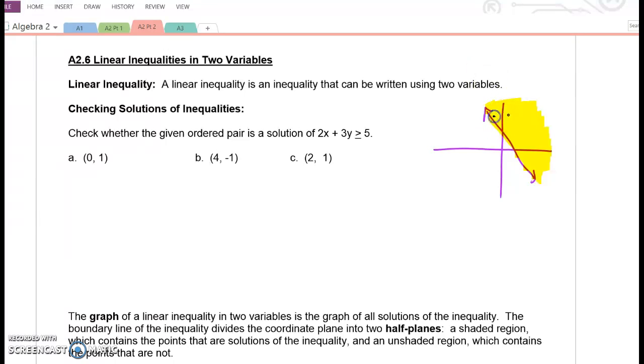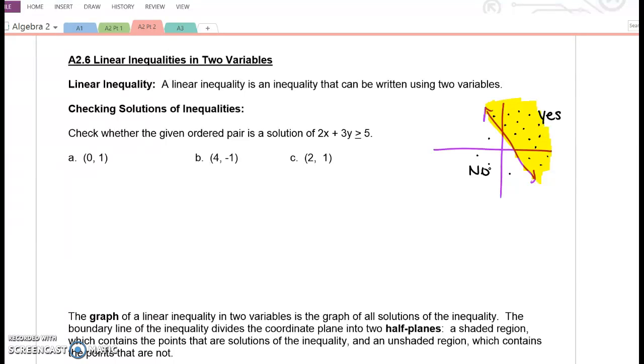So, points over on this side of the graph in the shaded region, those would be solutions. Points that are over here are not solutions. So, shaded region is all of the possible solutions for the inequality.